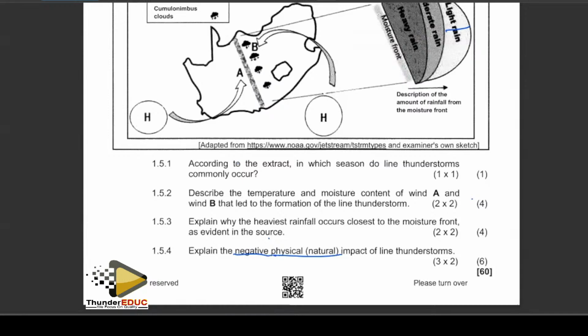How do line thunderstorms negatively impact the natural environment or the physical environment? With line thunderstorms, they are associated with heavy rainfall, which can also have hail, and also they have thunder with them, and also they have lightning.